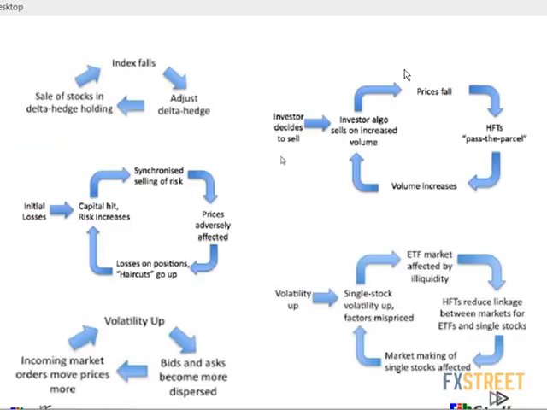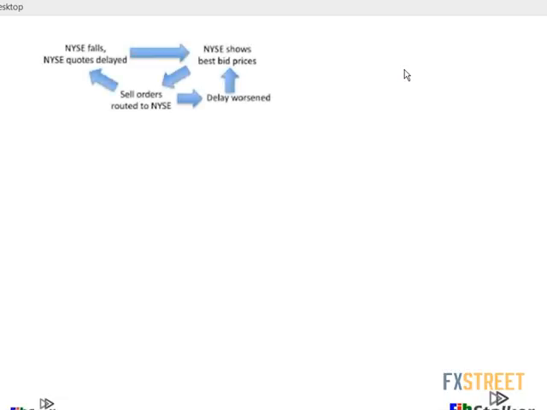Now, I want to look at a very, very real example, and actually it happened in the middle of October. I'm going to show you in detail.